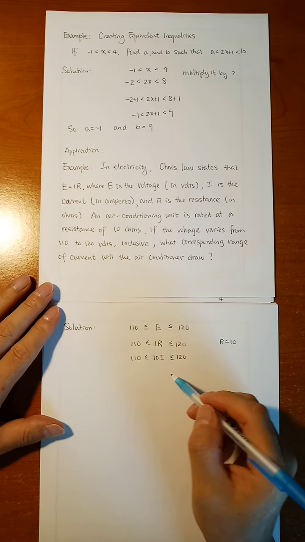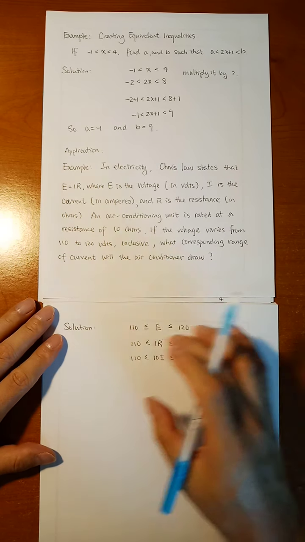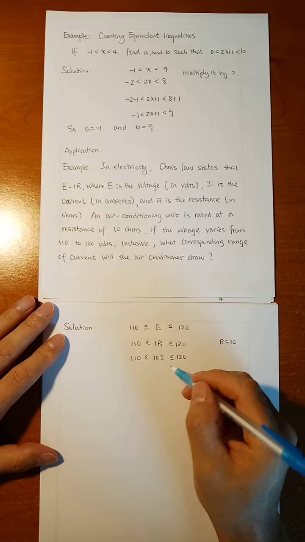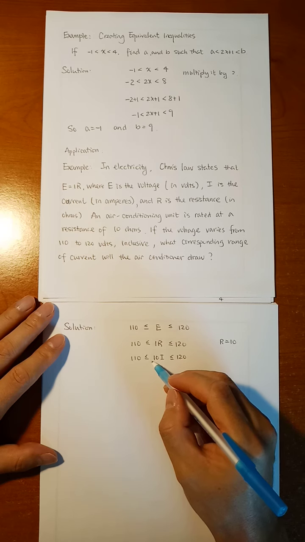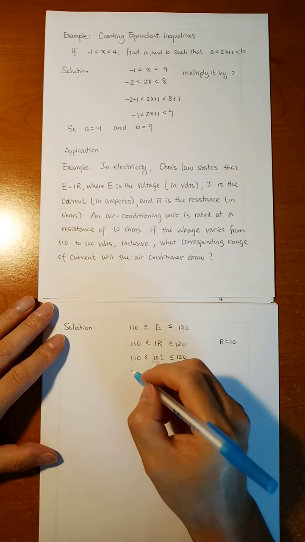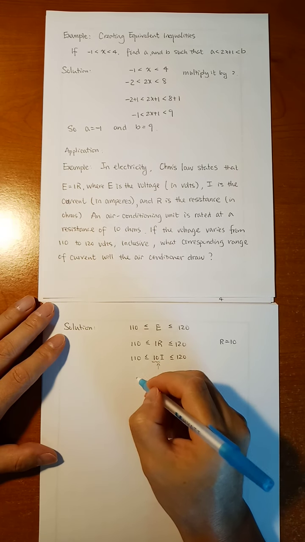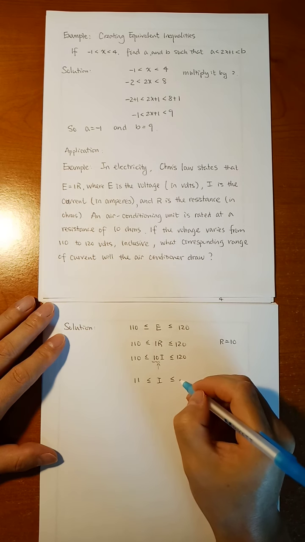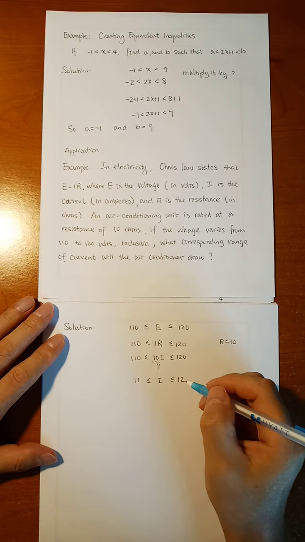Okay, now we have a linear inequality, a combined linear inequality. We divide those three parts by the coefficient of I, by this 10. 110 over 10 is 11. 120 over 10 is 12.